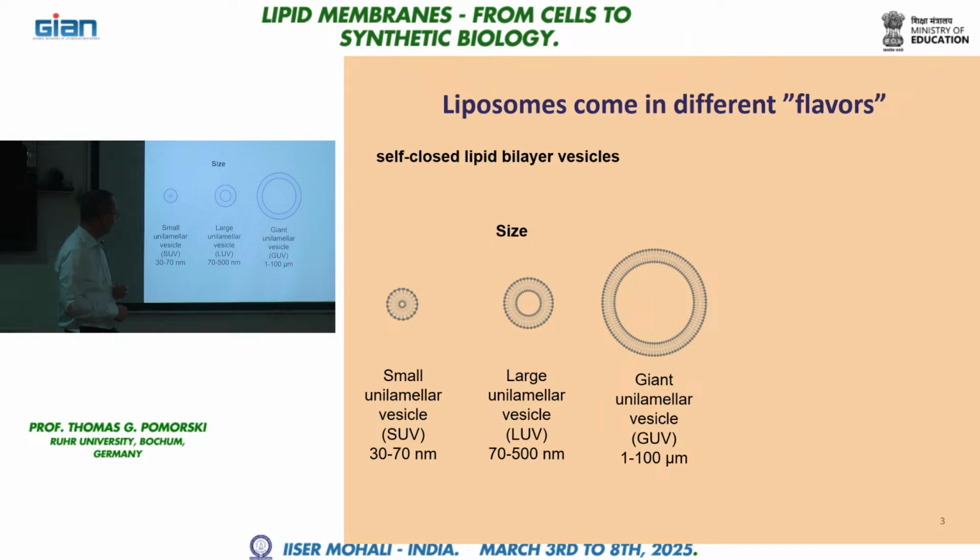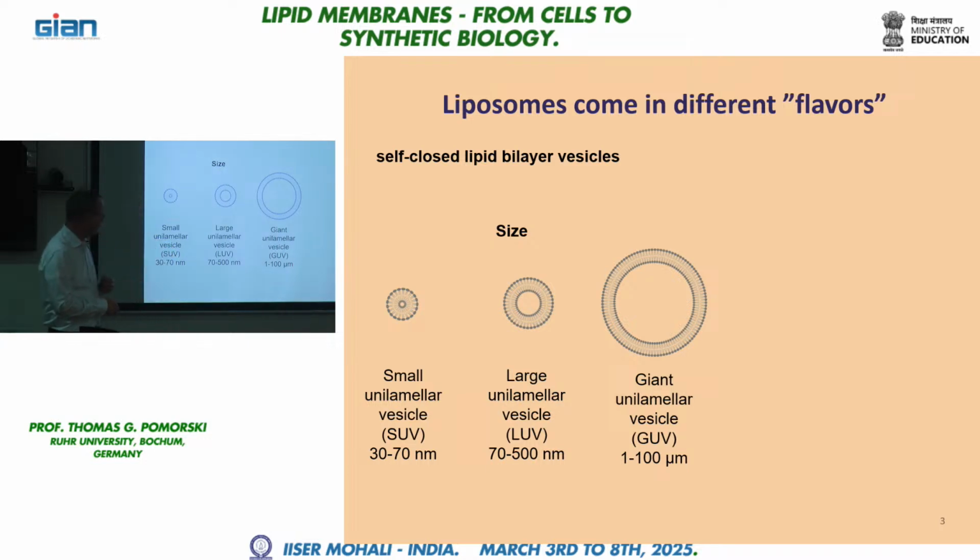Large unilamellar vesicles are still very small, typically too small also for a microscope. The only trick you can do is add a fluorescent molecule, and then you would see light, but you would not see the dimension. You would only see whether the vesicle is there or not.